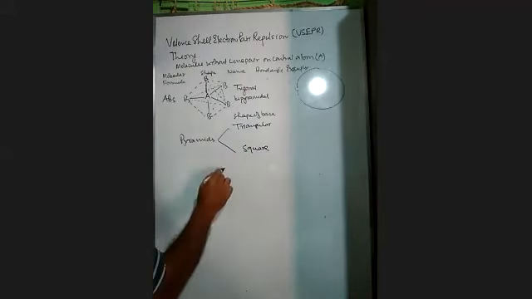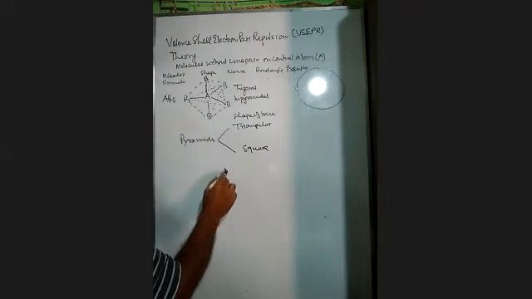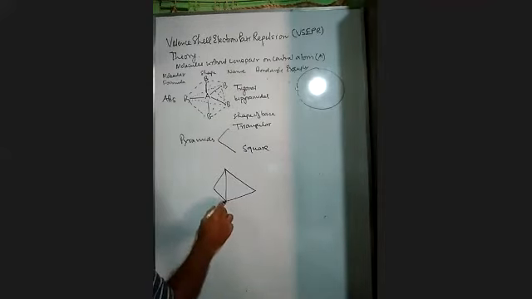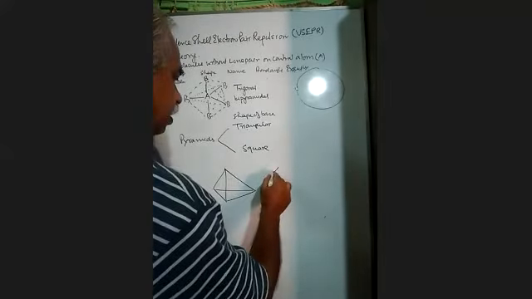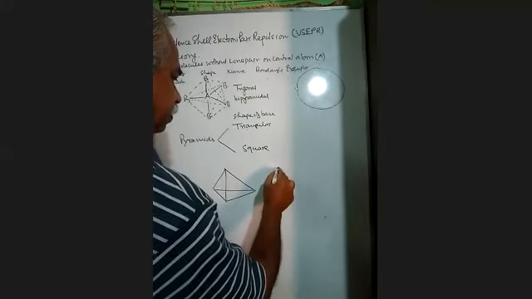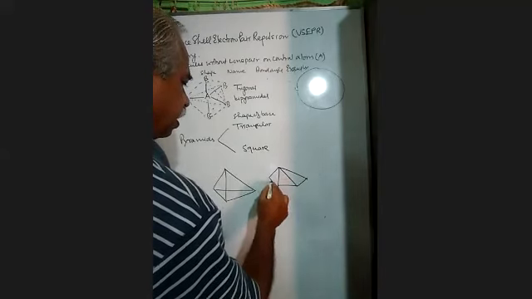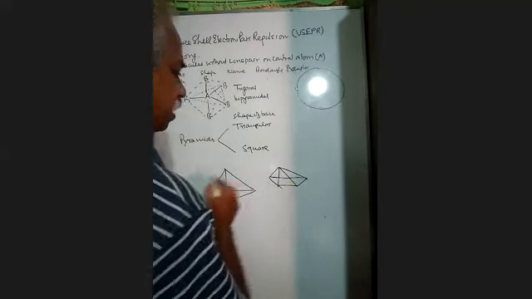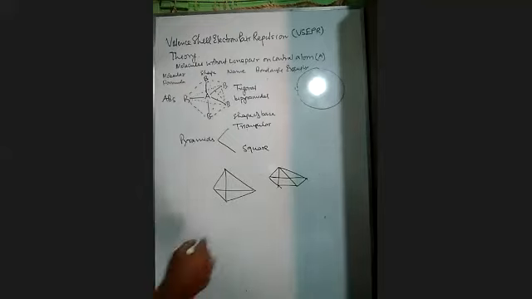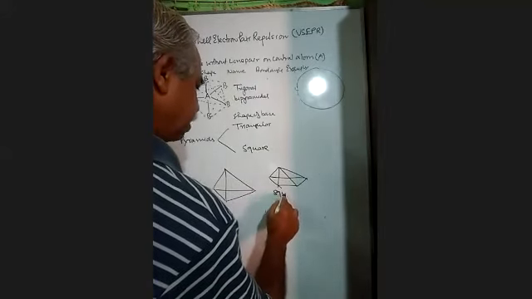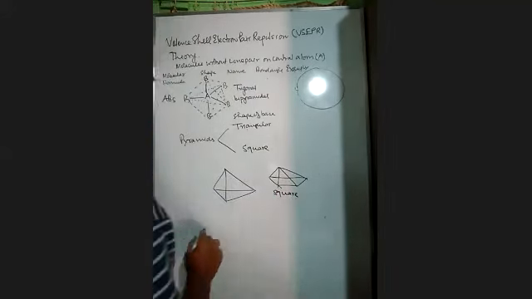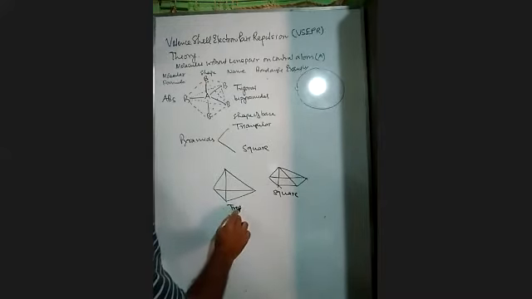If it is a pyramid like this, this is called trigonal pyramid. And it can be like this also. Many of the pyramids that you have seen in a picture, it is square. So both types of pyramids are there. This is square and this is triangle.